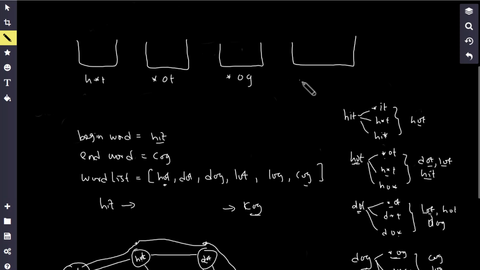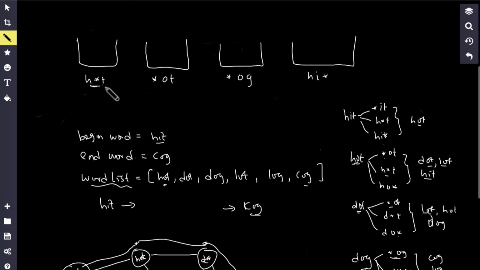We could also label this HI star. Okay, and then we can look at what would be the appropriate elements, or items, in this bucket. Well, the proper elements in this bucket are values from this word list that can fill this particular pattern.